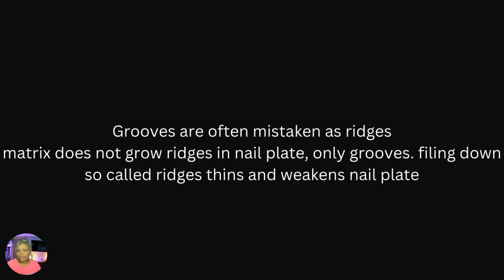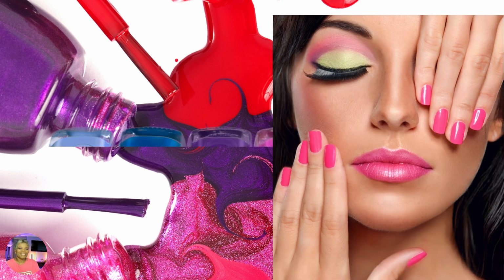That's why we tell you guys when you go get your nails done, be careful about how much they're filing down your nail plate because you don't want it to get weakened and you don't want your nails to start being broken and brittle, okay? So you want to make sure that they're not filing it down too much. Forgive me for reading that off wrong, okay? I should have put my glasses on.